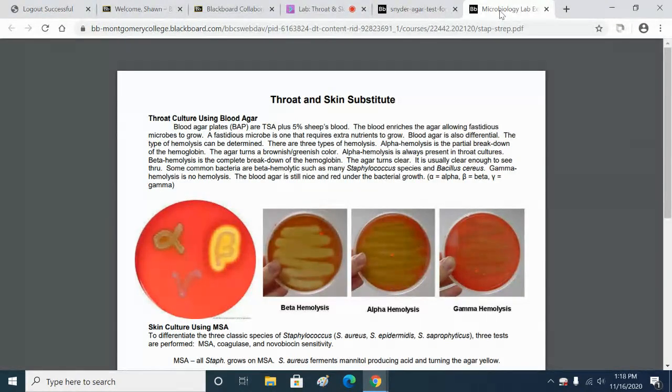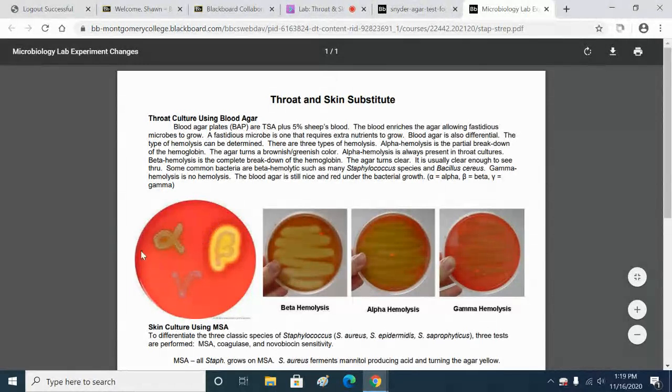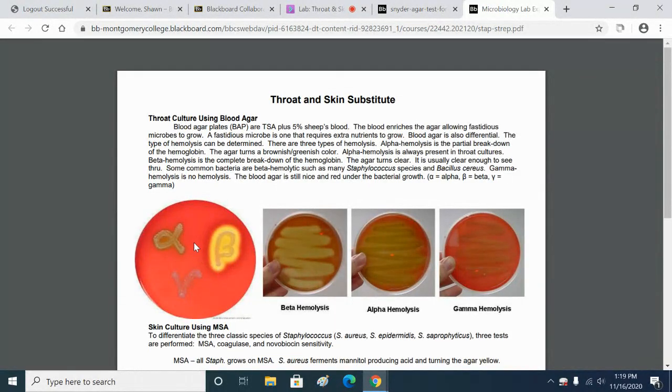And you see in these images, we have three types. If you're familiar with your Greek alphabet, this first symbol here is alpha, and then beta, and then gamma. So those are the three types of hemolysis.